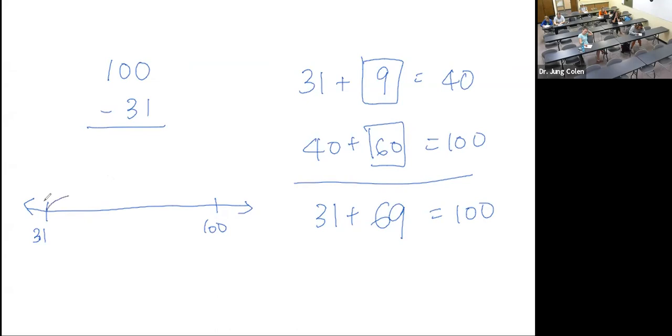From 31, I will go 9 more and I go to 40. From 40, I can go 60 more, right? Then going backwards, 100 minus what is equal to 31? 100 minus 69 is equal to 31. Then using the fact family, we can think about 100 minus 31 and 69 as well. Make sense?